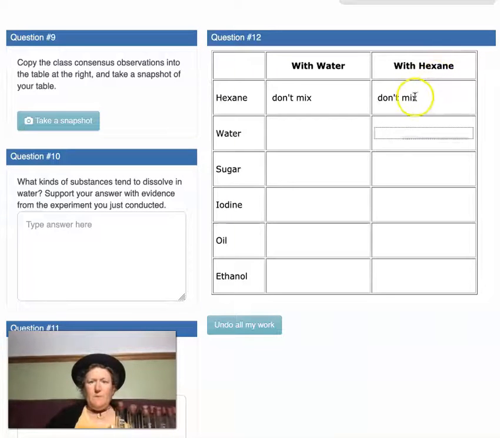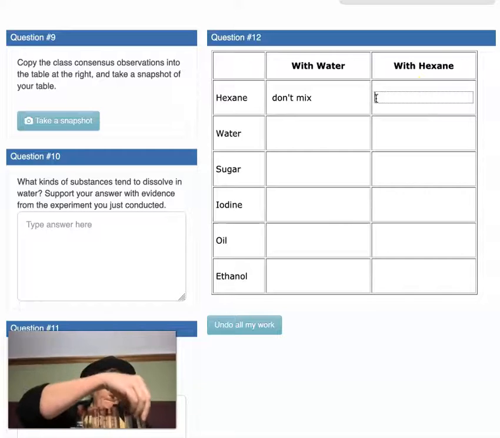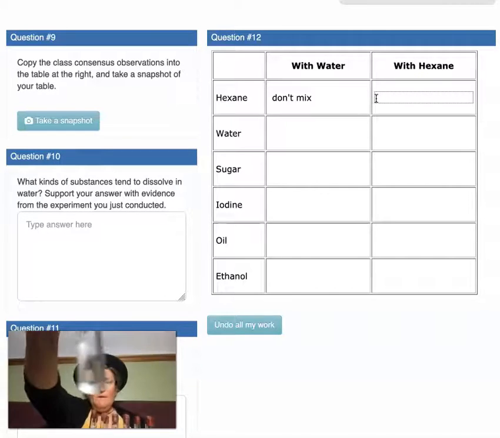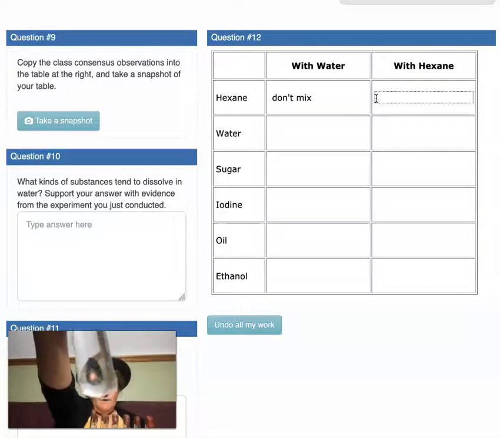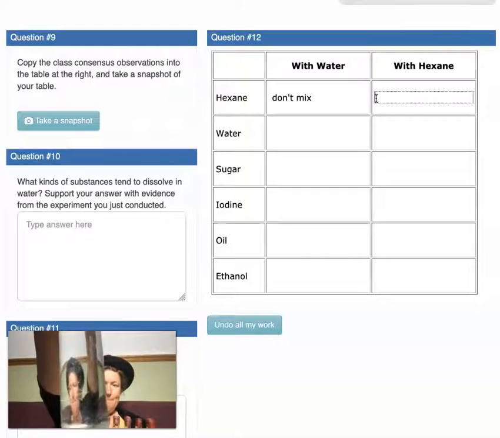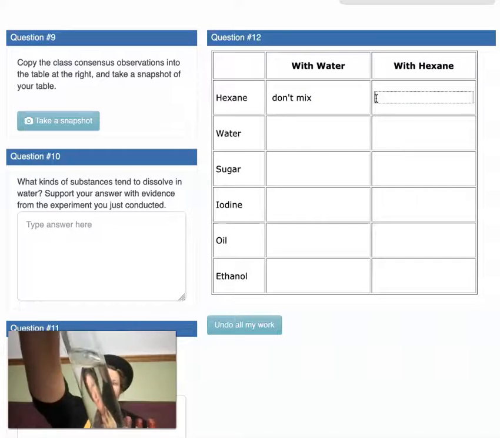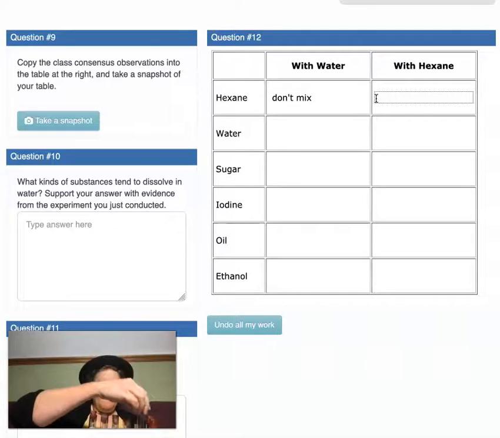Oh, sorry, I messed up on this one. This was hexane with hexane. When you mix hexane with hexane, everything just is fine. Hexane is just clear. So hexane with hexane is just clear.